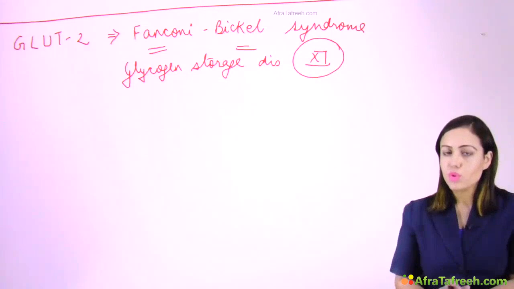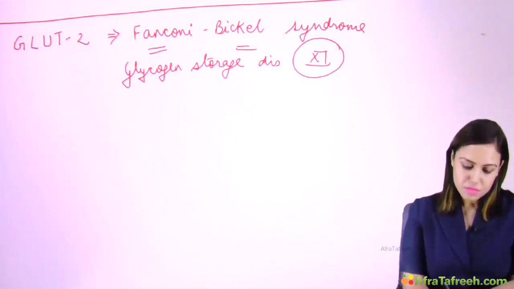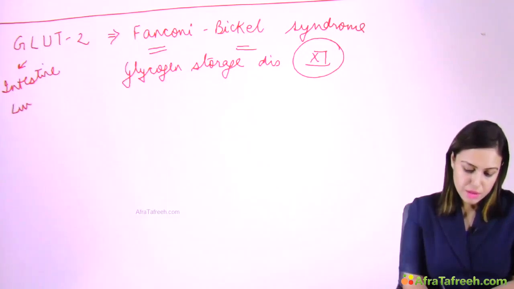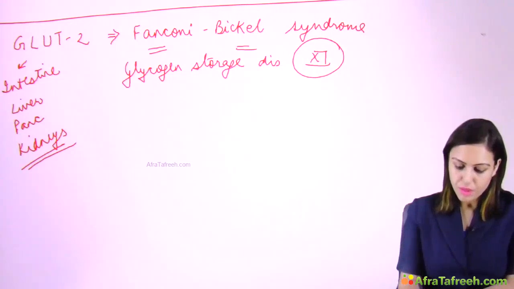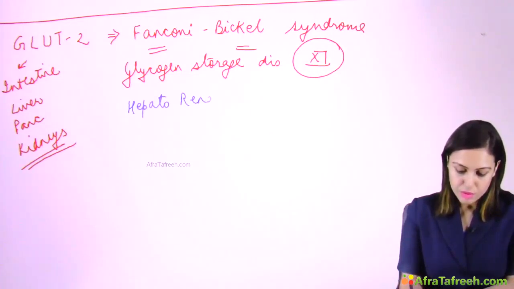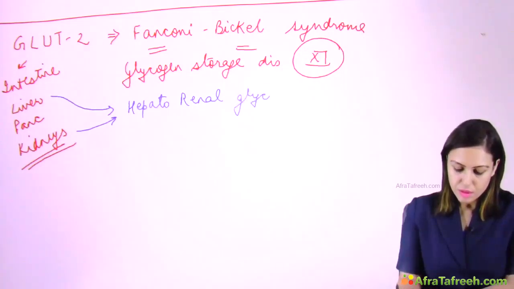As you know that GLUT2 is present in intestine, liver, pancreas, also I told you kidneys. Okay, so here there is hepatorenal glycogen accumulation.